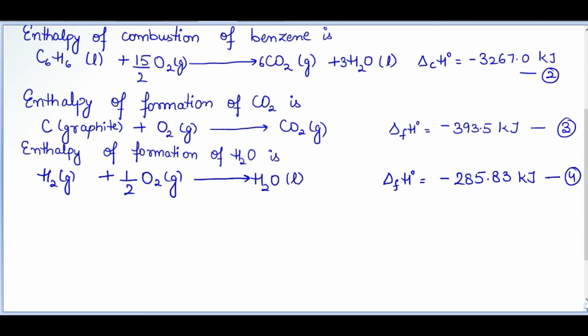Now what I have to do, I have to compare equation 3 and equation 4 with equation 2. Here in equation 2 I am having 6 moles of carbon dioxide and 3 moles of water. I have to make equations 3 and 4 according to equation number 2, right? So what I'll do, I'll simply multiply equation 3 by 6 and equation 4 by 3.